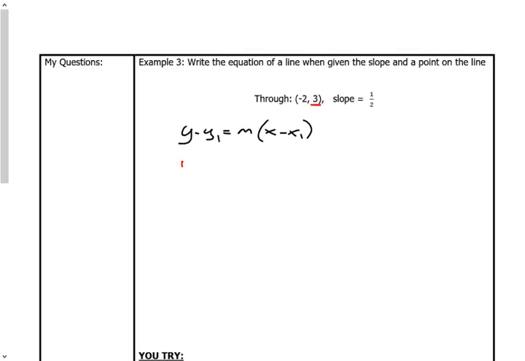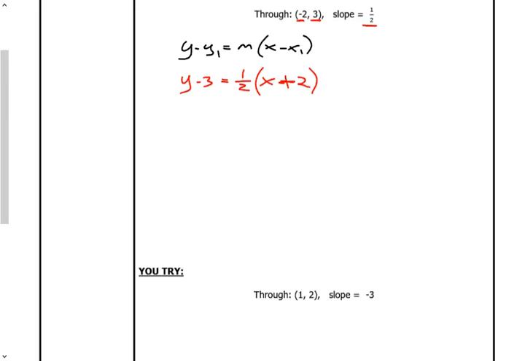y1, here's my slope, and here's x1. And then we want to clean up minus the negative and just make that a positive. Now remember, we want our answers in slope intercept, so we always want y equals.